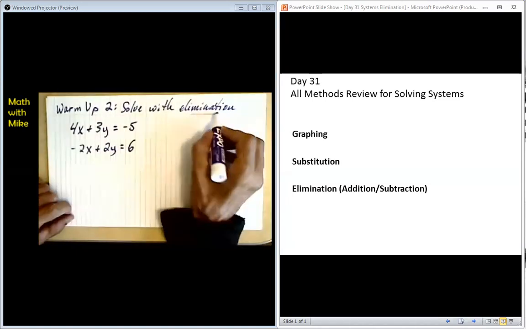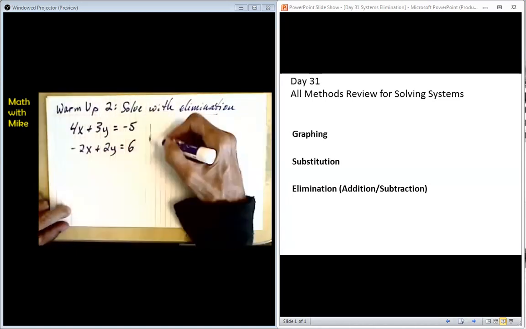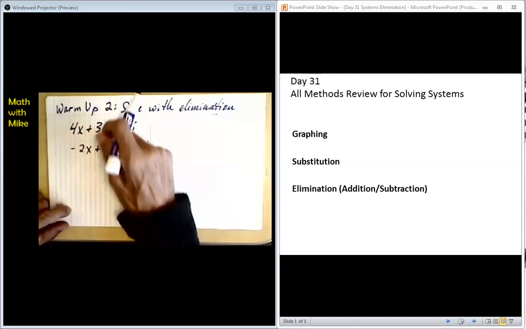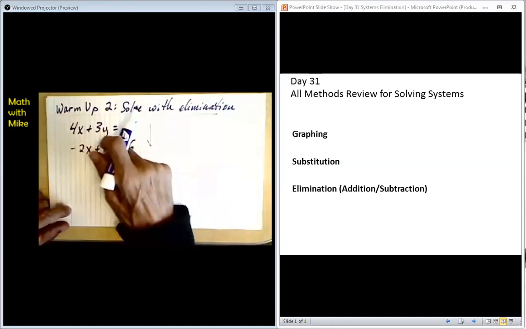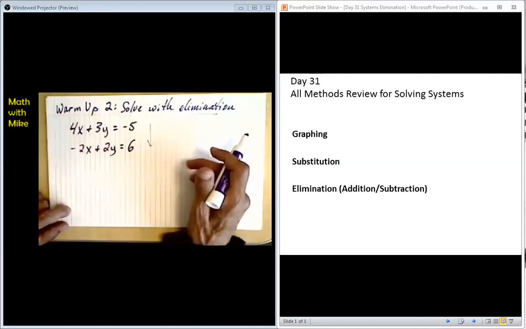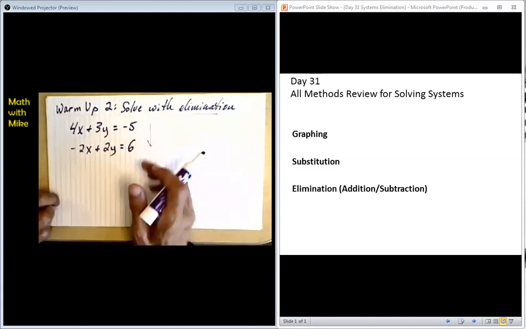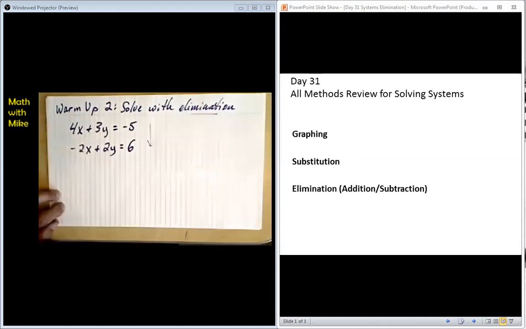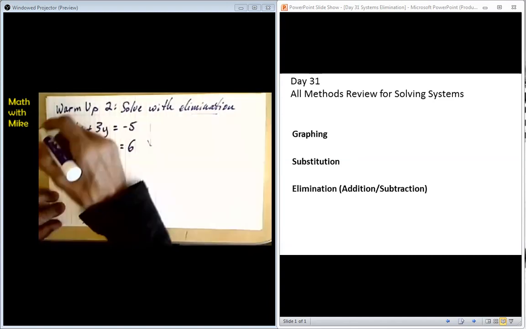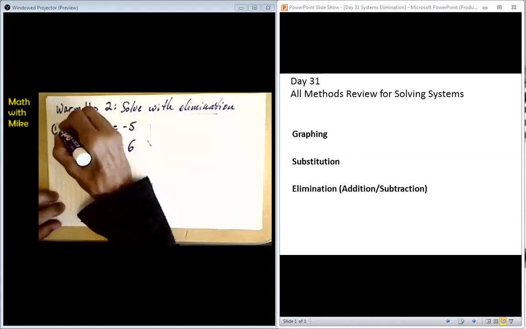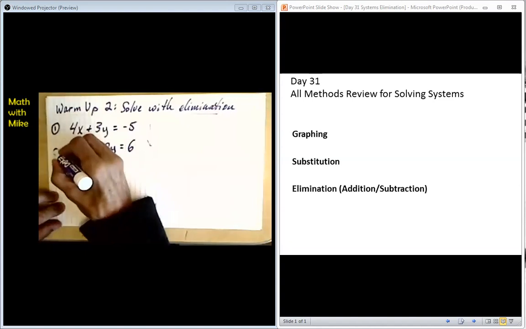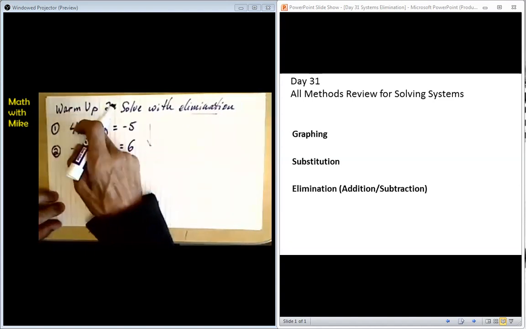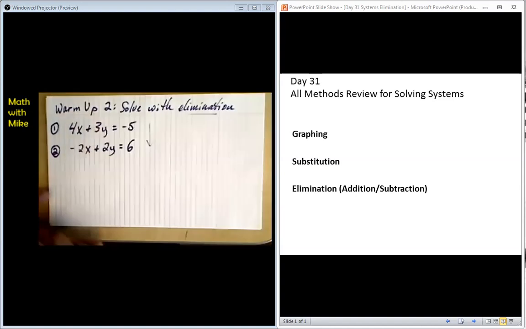For this one, what we're going to be doing is adding and subtracting these terms from one another. No need to move things around. It's all in order to start with. But what we need to do is get some coefficients the same as one another. We need the numbers in front of x the same, or the numbers in front of y the same.